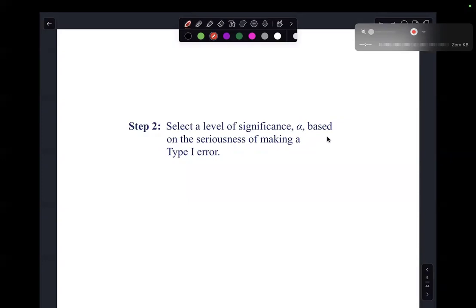If it is really bad for you to make a type 1 error, you're going to make your level of significance smaller. You want your alpha smaller so that there's less of a chance of making that type 1 error, because 0.01 is a smaller probability than 0.05. But I'm going to give it to you, so don't even worry about it.